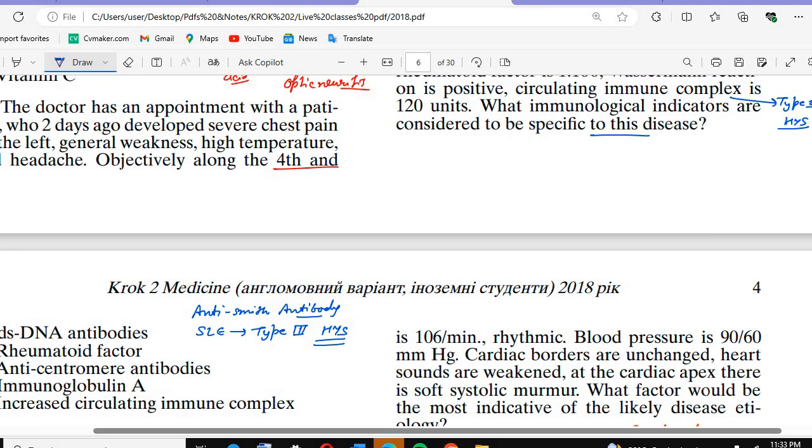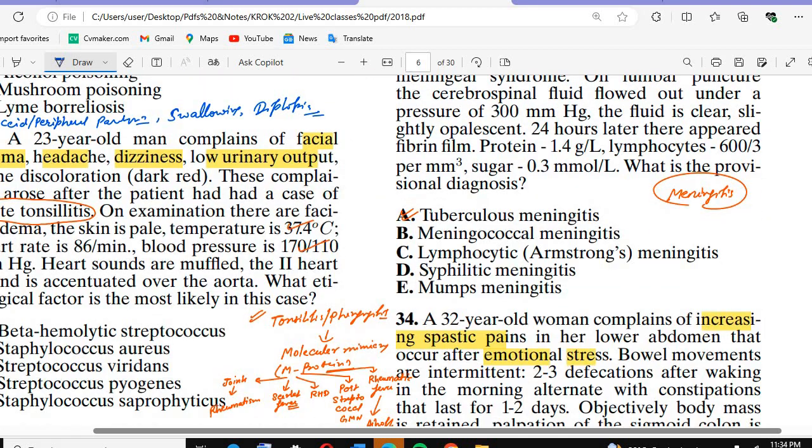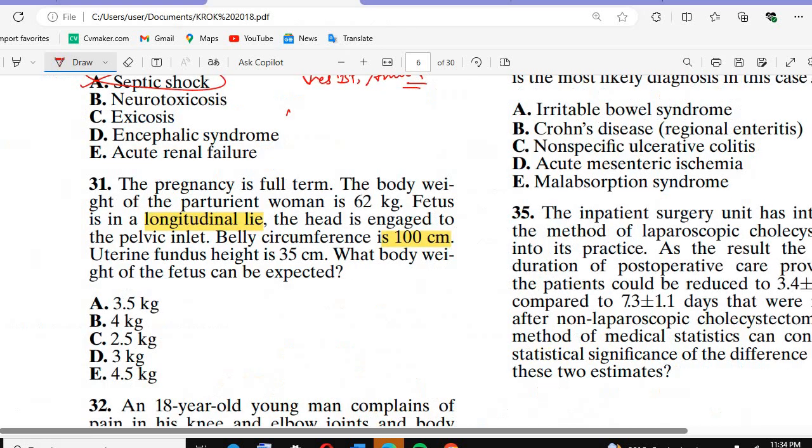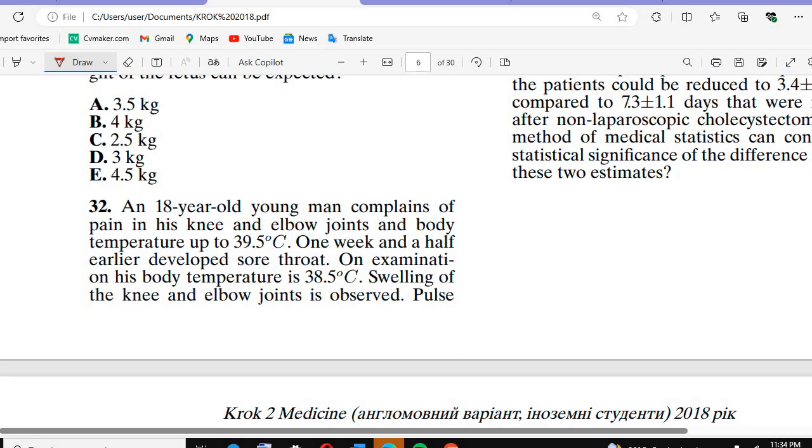Next question is what? Okay, the next question is about an 18-year-old young man who complained of pain in the knee and elbow joints and a temperature.